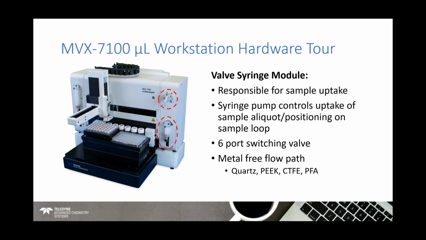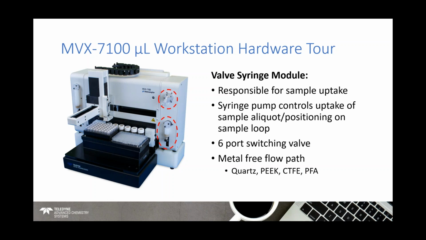This short syringe is responsible for pulling the sample from the sample needle or the probe and pulling it up onto a sample loop, which is positioned on a 6-port switching valve, highlighted above the syringe pump.